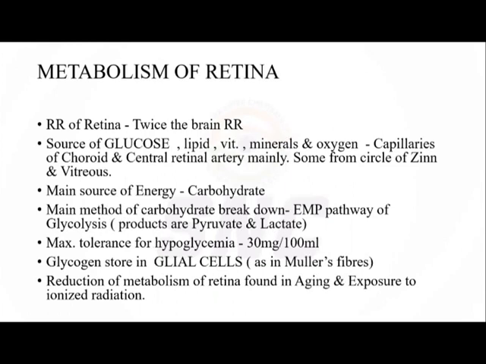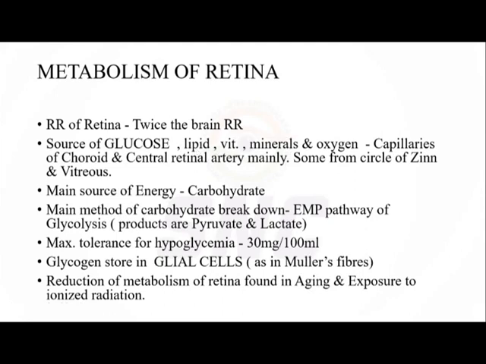For any function, physiology, that means we are understanding how the retina functions. For any function, we need some energy. So for that, metabolism is necessary. The main sources of this metabolism are glucose, carbohydrate, and some lipid, and also vitamins, minerals, and oxygen.